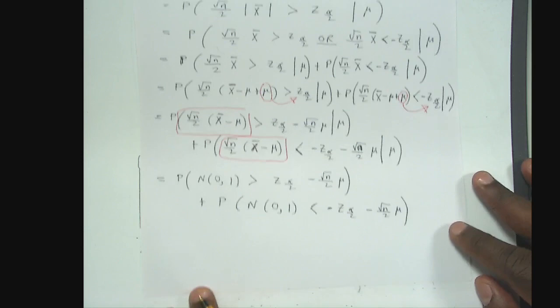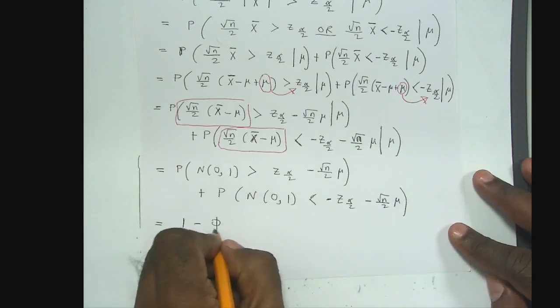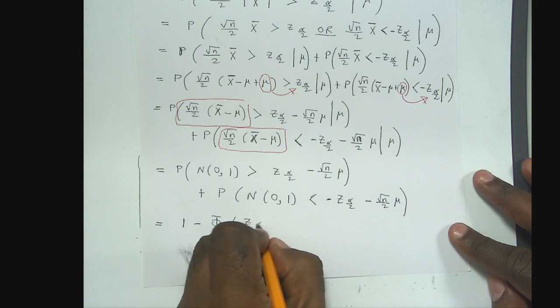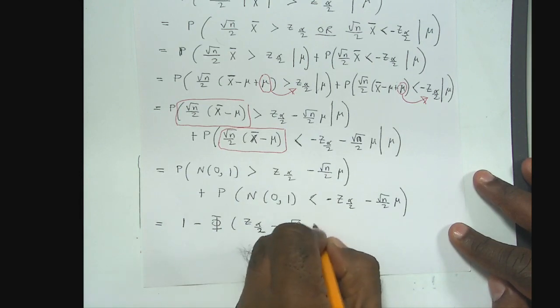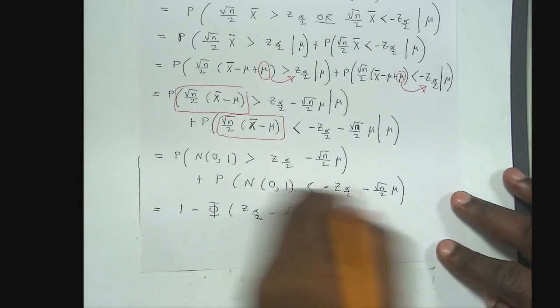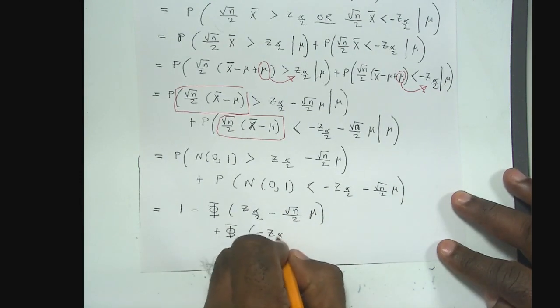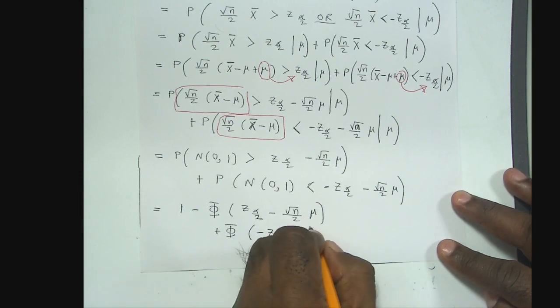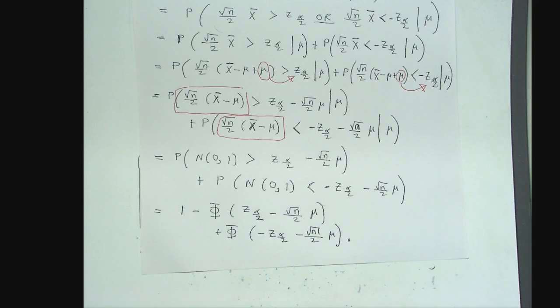Okay, and the final step is you can write this as 1 minus phi of this, and this one as phi at this. Okay. So that completes question 4, guys. Does it make sense, guys, or no?